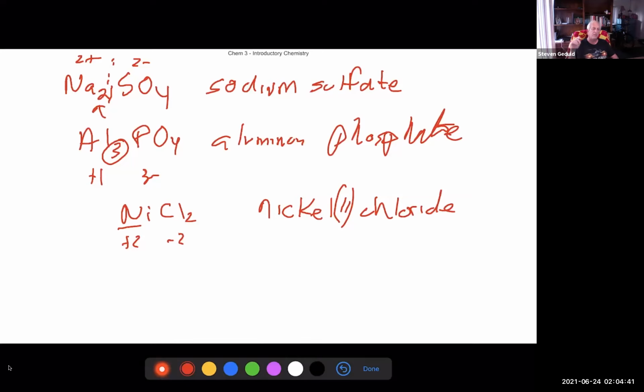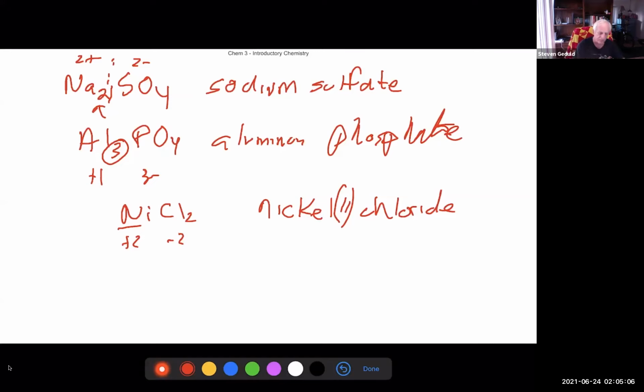Ionic compounds transfer electrons and create a charge. The electron actually moves from one to the other. The positive side gives up electrons, the negative side accepts electrons. That's what holds it together, the plus and minus charges. Covalent compounds share electrons.